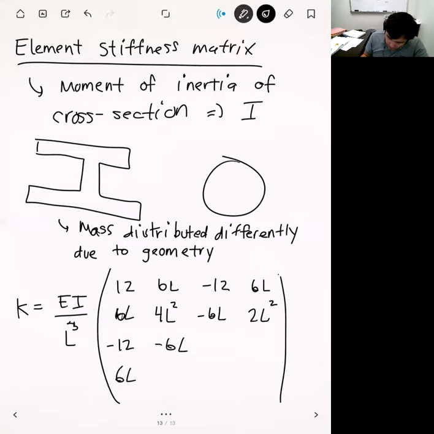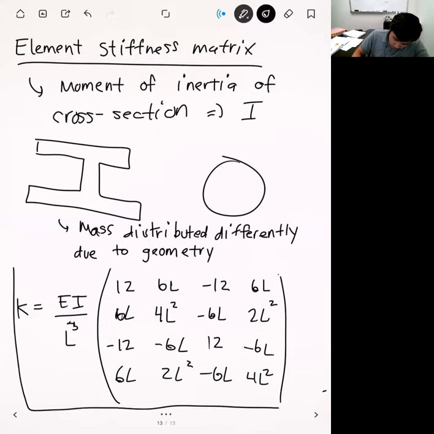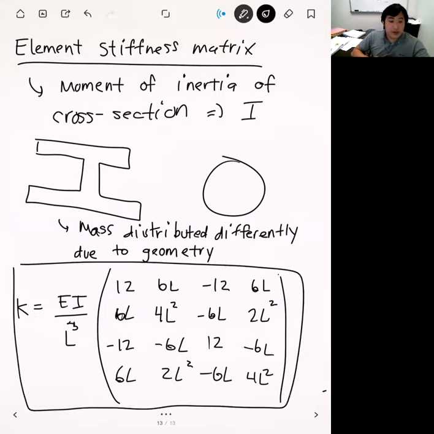Then let's write that into the next column: we have minus 6L, 2L squared. Then we have 12, minus 6L, minus 6L, and we have 4L squared. So that's how you write out this element stiffness matrix.